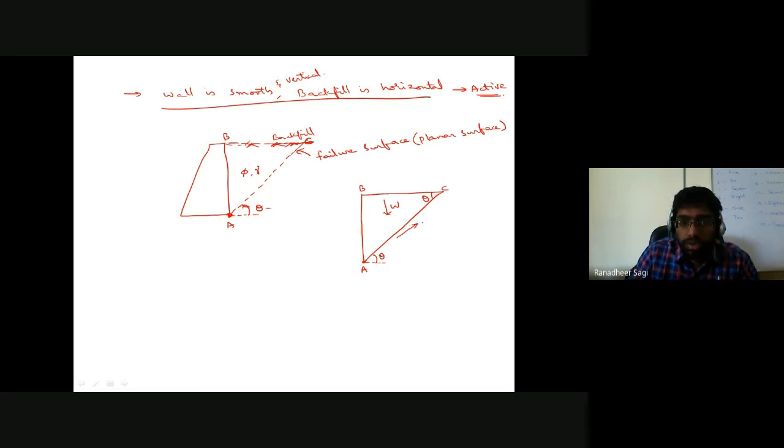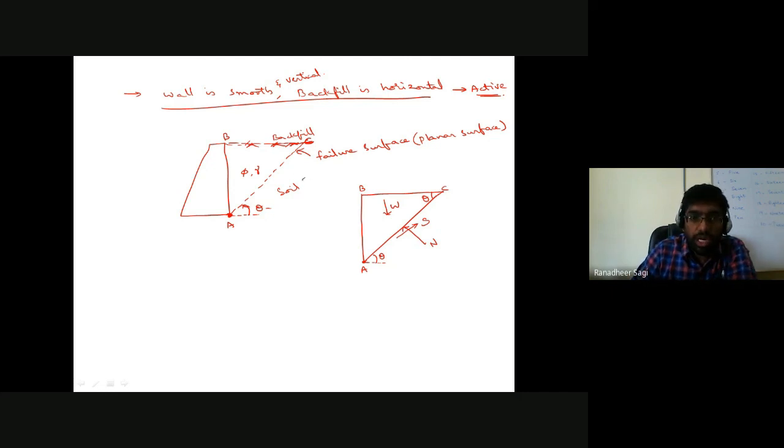Okay, so that frictional resistance is something I am representing as shown. There will be a normal reaction force offered by the soil on your soil wedge, which is tending to undergo the failure. Okay, this is your normal reaction force offered by the soil which is in stationary condition.